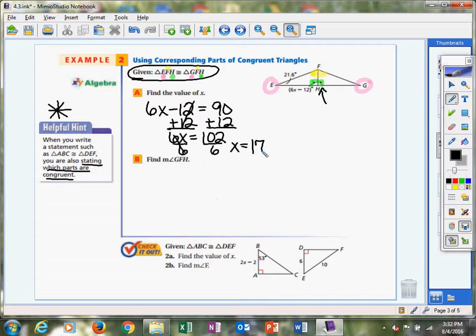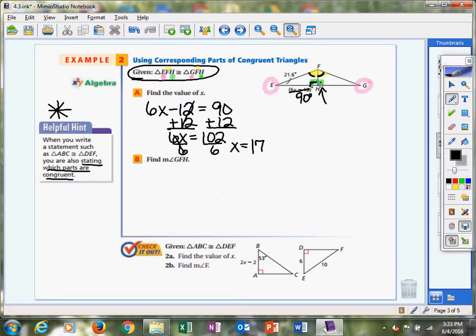And then to find the measure of GFH, GFH is right here, and that's equal to this angle here. So anyway, I just think they really did it the long way around as your book was explaining it to you, because what you just figured out is that this is actually 90 degrees. It's a right angle.